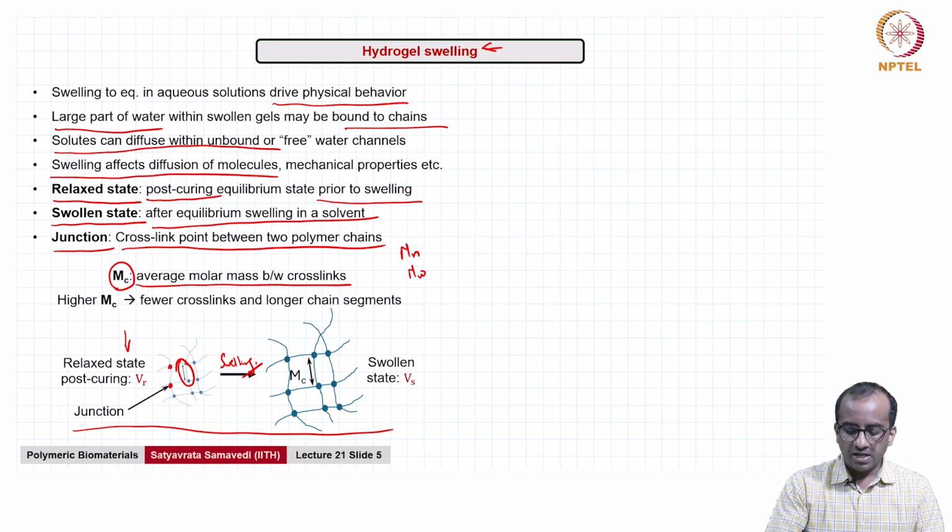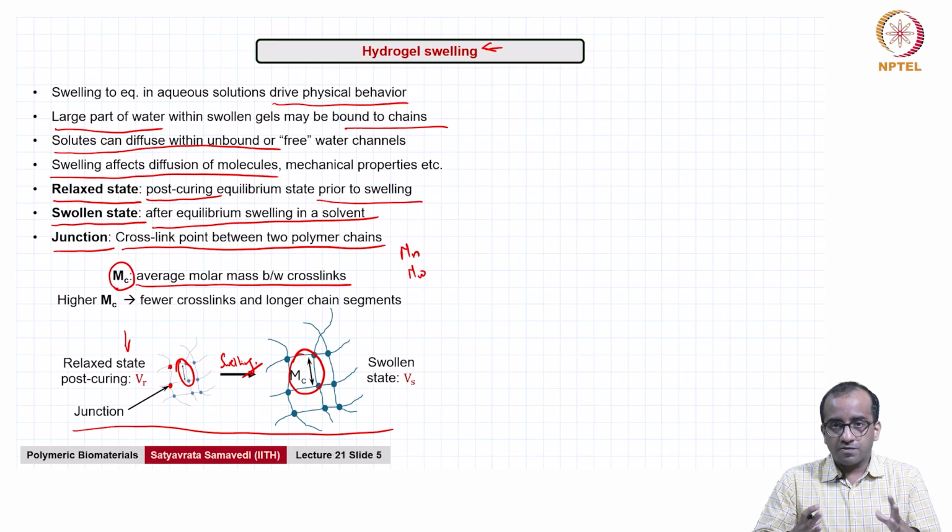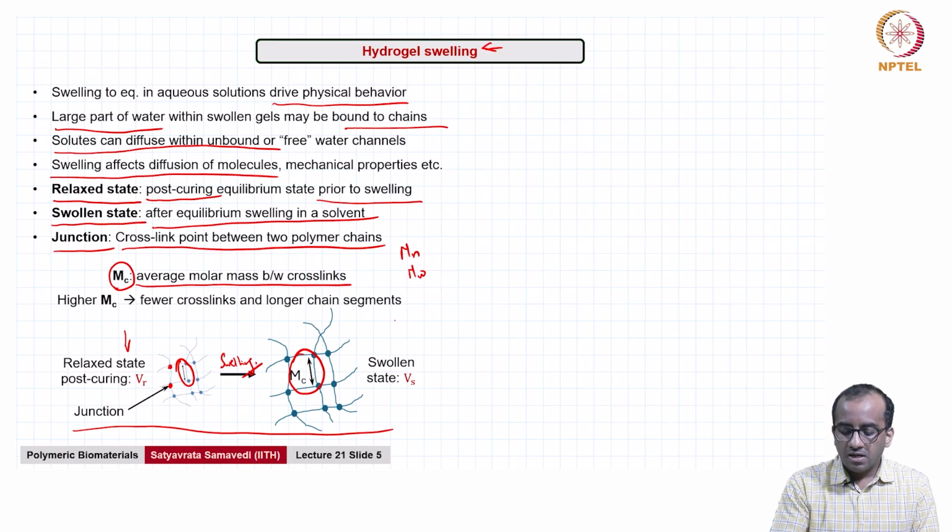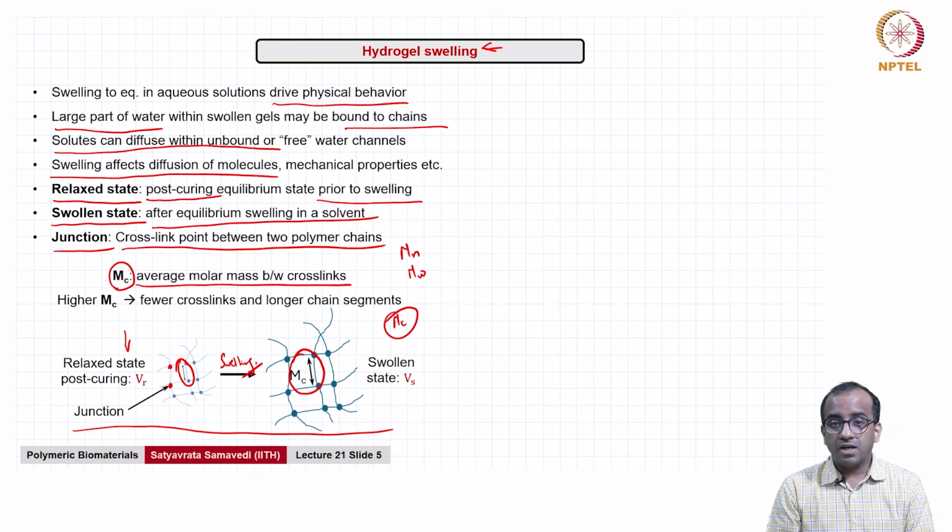And in the swollen state, the gel has swollen and the distance between the crosslinks has increased. So, this is one way to start thinking about hydrogel microstructure or network structure, and Mc is a very important network parameter because it directly relates to mesh size, which is the average distance between crosslink points.